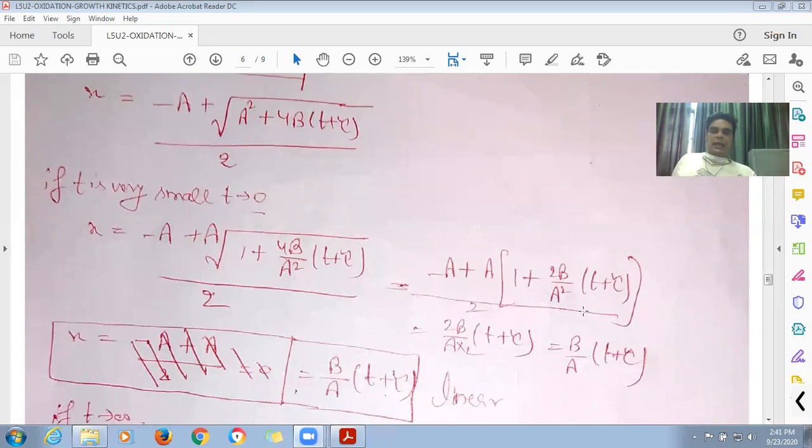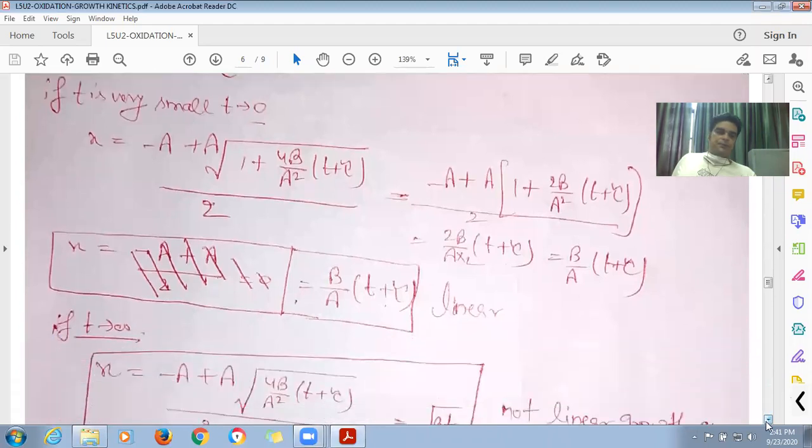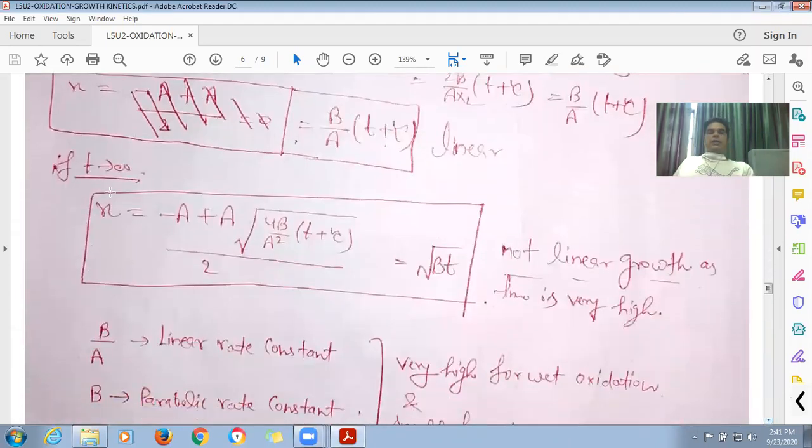But as the time increases, what will happen? If t tends to infinity, if t goes very high, this term 4b t upon a square will be very high in comparison to 4b tau upon a square. So the 4b tau upon a square term can be neglected, and in this square root I will have 4bt upon a square.